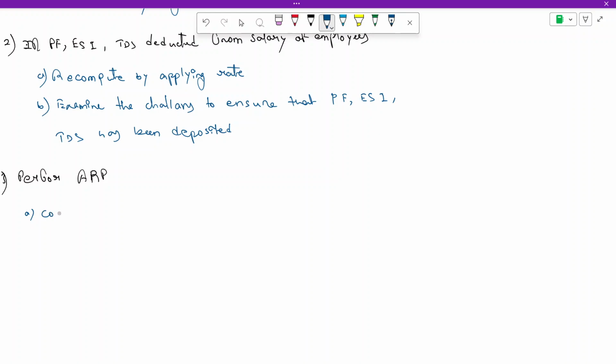Compare per employee production with the similar firm figures.